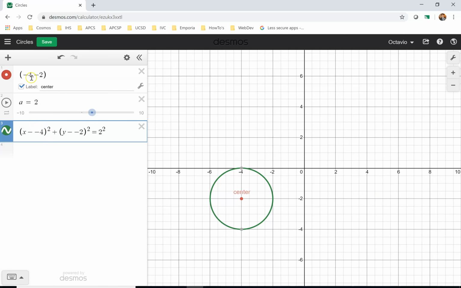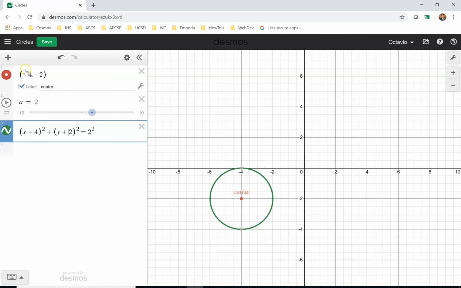Now I want you to note here that when the coordinates for the center are negative, as they are here, -4 and -2, then this is actually going to be x minus a -4, which is the same as x plus 4. And y minus a -2, well, that's the same as y plus 2.